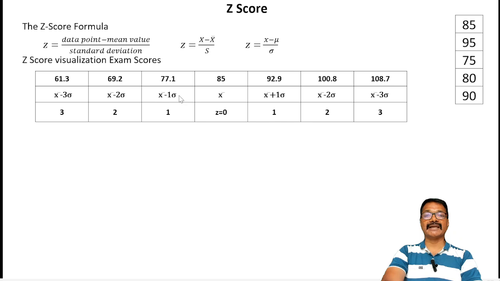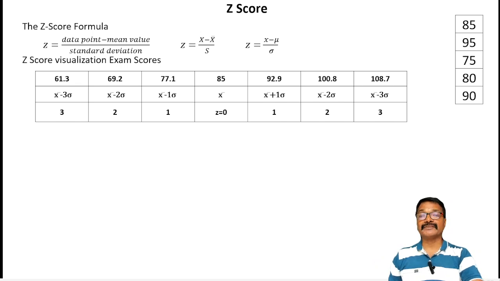So 1 sigma is 7.9, so the corresponding value for Z of 1 is 77.9. How did it get that? 85 minus 7.9. Then 2 sigma gives 69.2, and 3 sigma gives 61.3, and the corresponding Z will be 3. Are you getting me? Similarly the same thing is applied on the right side.